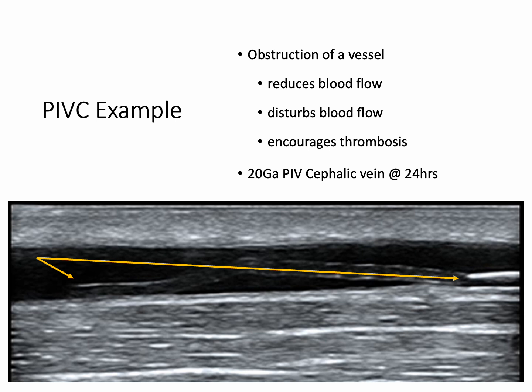As you can see, there is extension of a thrombus from the catheter tip beyond into the vessel, and that can lead to potential further complications regarding catheter-associated thrombosis, particularly if it attaches to the endothelial wall.